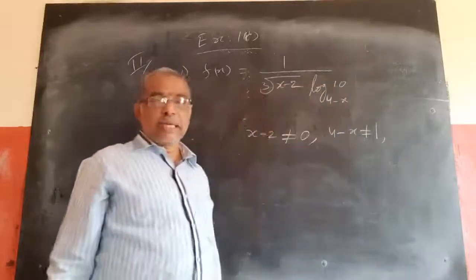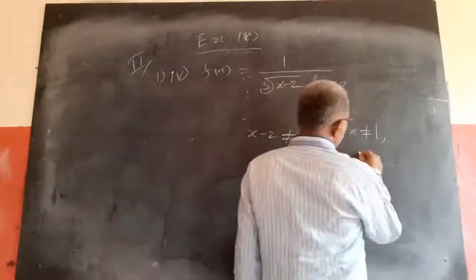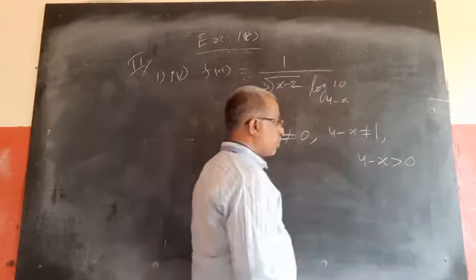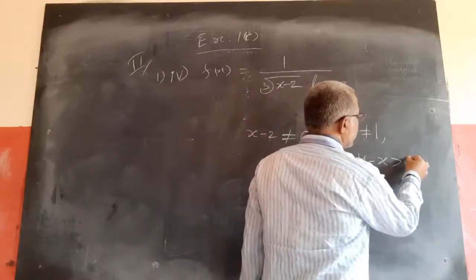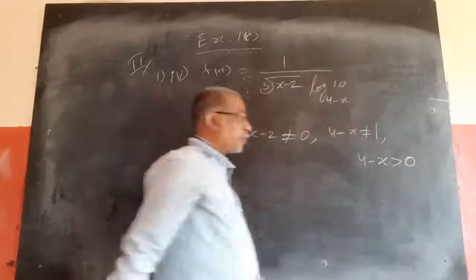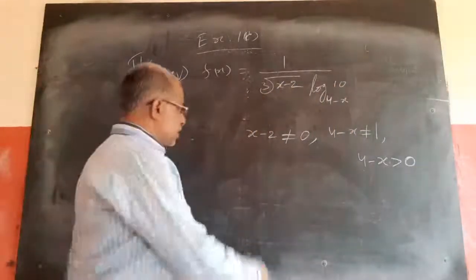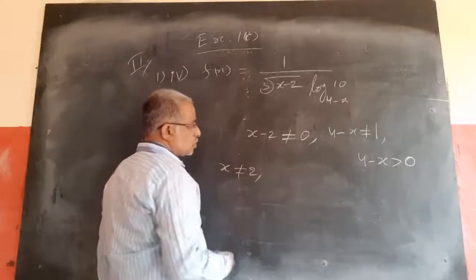Third thing I told: log is defined only for positive values, so 4 minus x must be greater than 0. So three cases. First case, x minus 2 not equal to 0 means x not equal to 2.